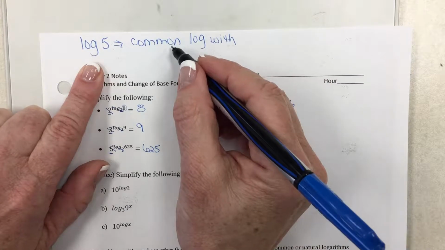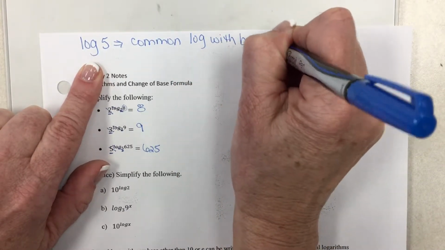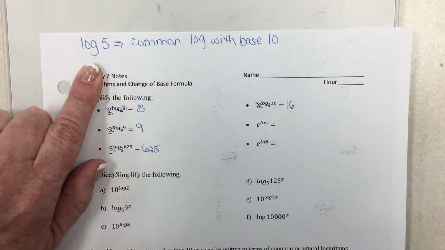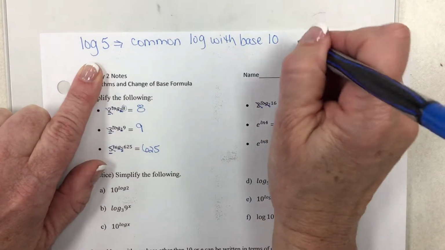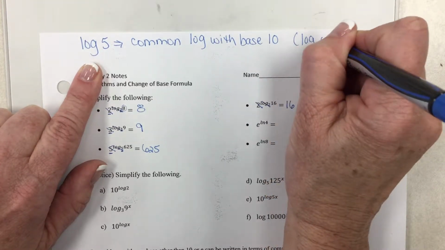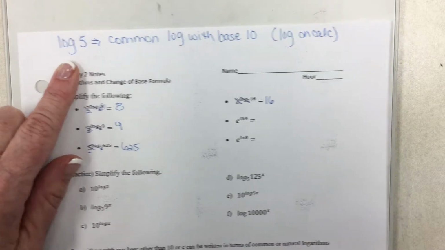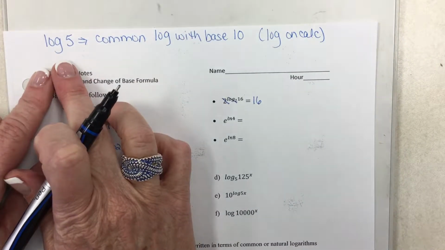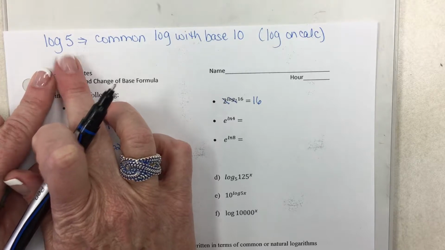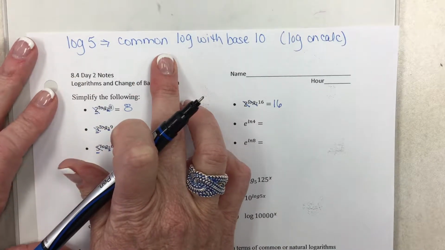It's a common log with base 10. We assume the base of 10 there. That is the log on your calculator. When it's just log with no base, that's called a common log.